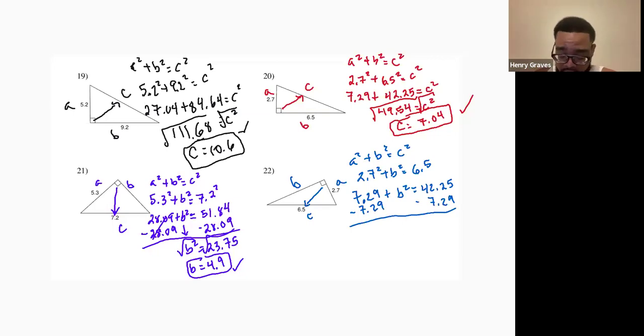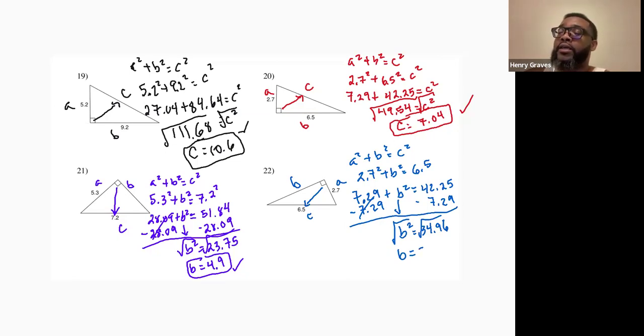So I'm going to do 42.25 minus 7.29, and I got 34.96. And of course, to get the square root of that gives me my answer, which is 5.9.